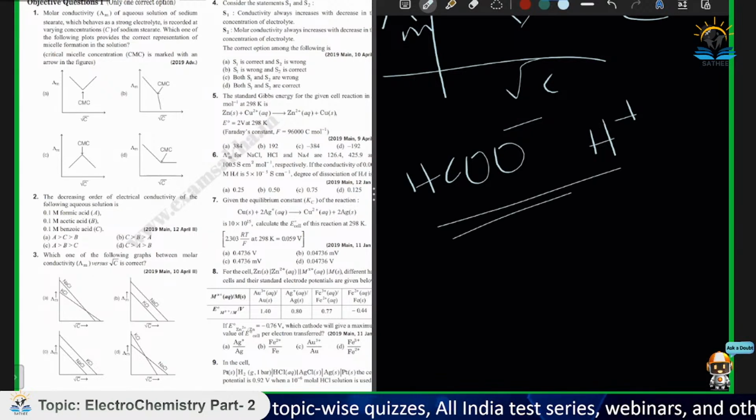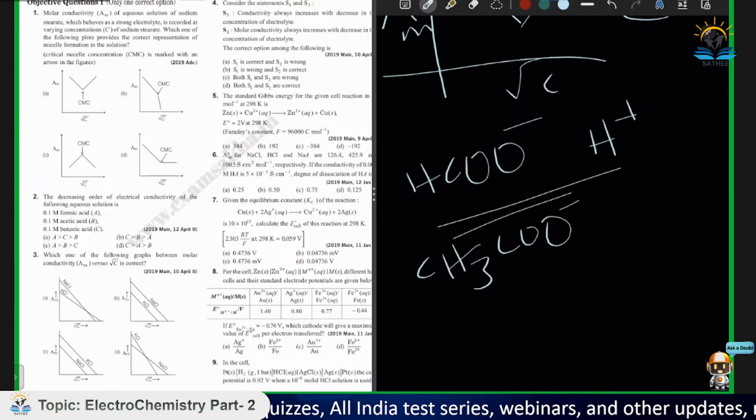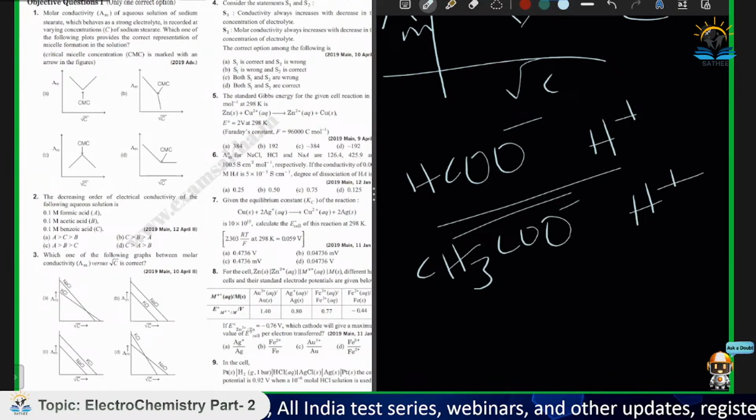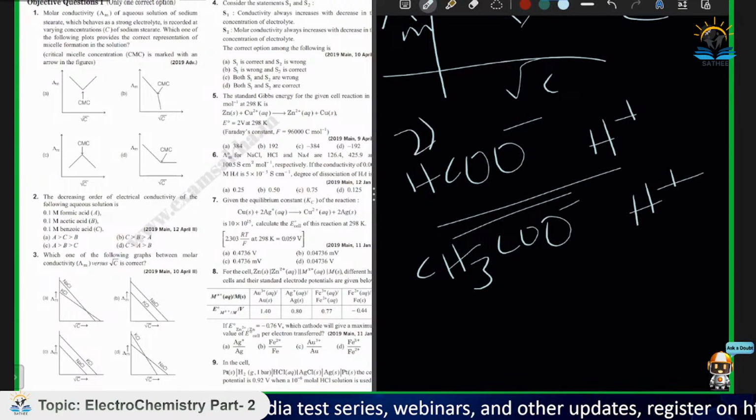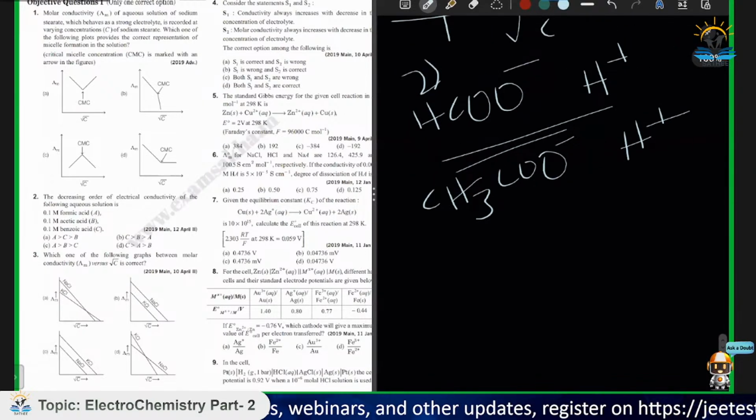HCOOH, this is formic acid. CH3COO minus, H plus, acetic acid. What is benzoic acid?